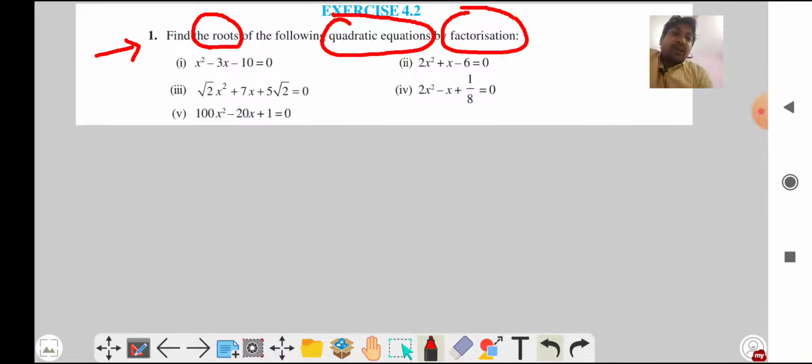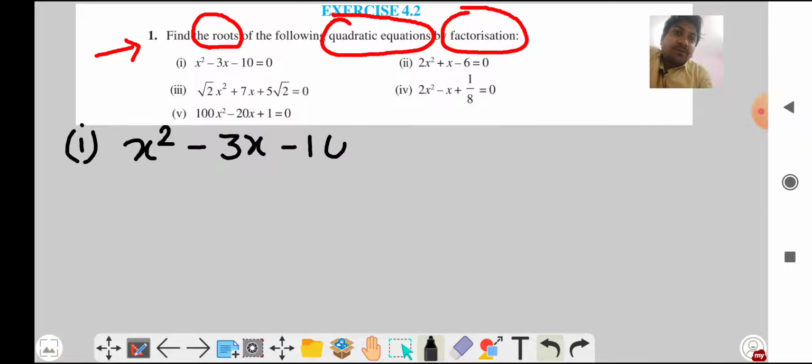So here I am writing the first question. The first question is x square minus 3x minus 10 equals to 0, right? Whenever we are going with factorization, how are we going to do it?